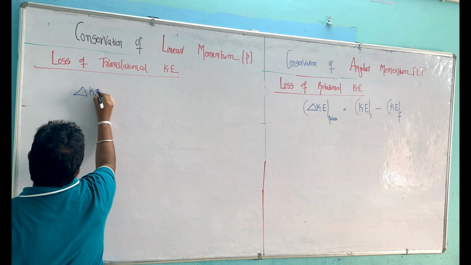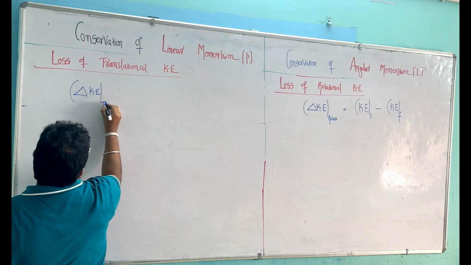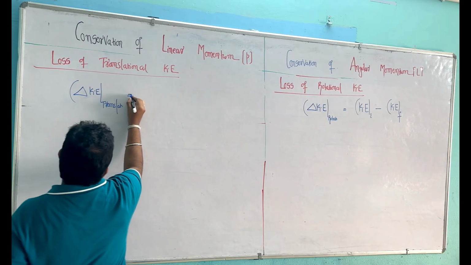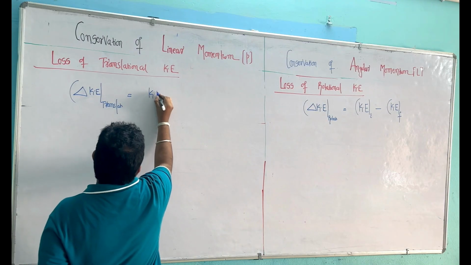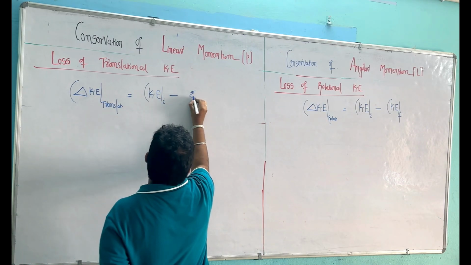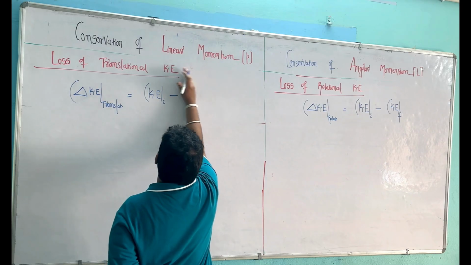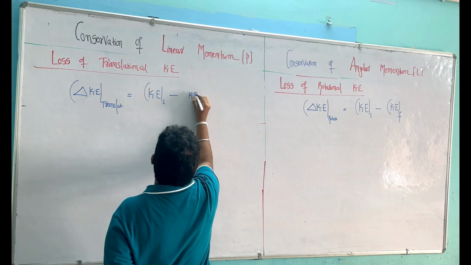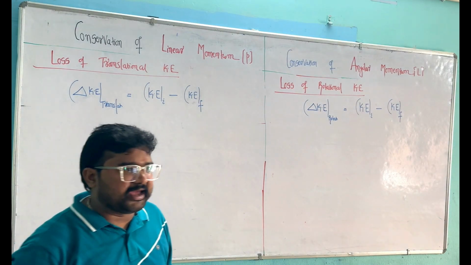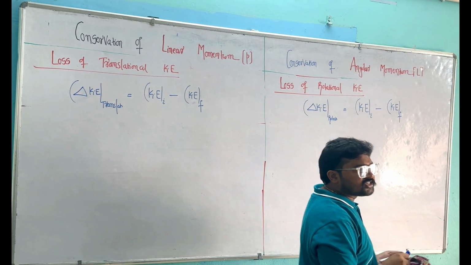What is the delta KE? Delta kinetic energy, translational or linear kinetic energy, initial kinetic energy minus final kinetic energy. Are you following? Initial minus final. What is the initial kinetic energy?